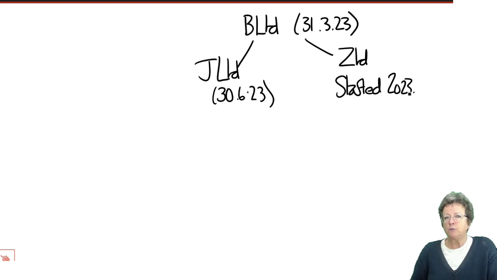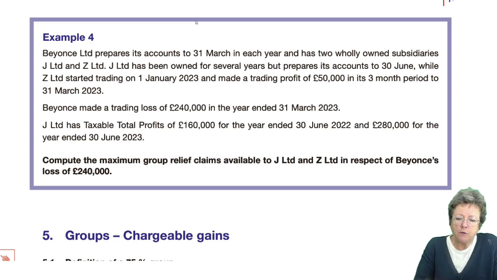Okay, that's our group structure, and we've transferred that information here so that we don't have to keep worrying about what's going on. So we've eliminated those bits of information from the question. 2 wholly owned subsidiaries. We've dealt with that piece of information, J and Z.